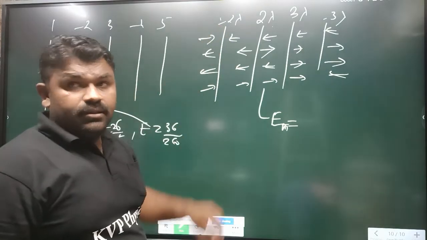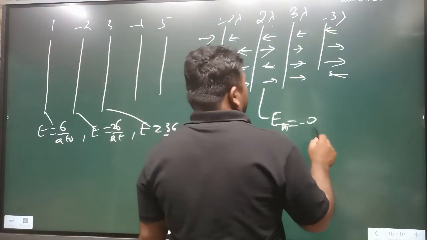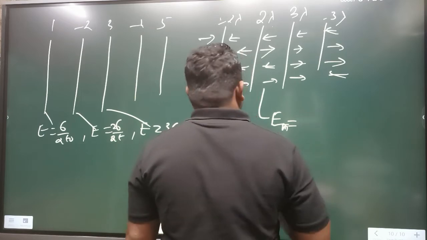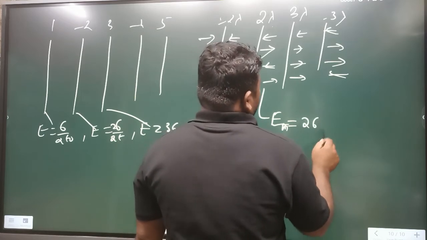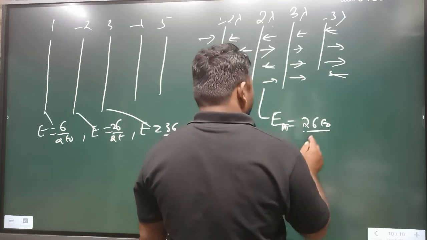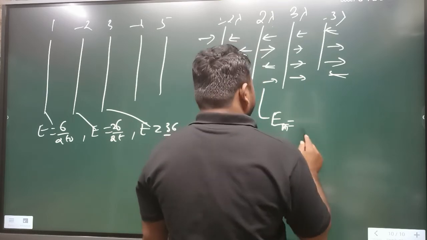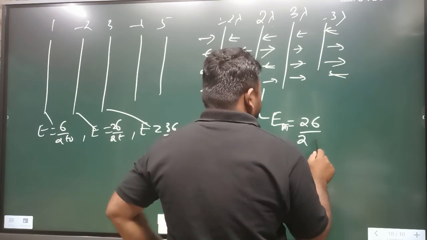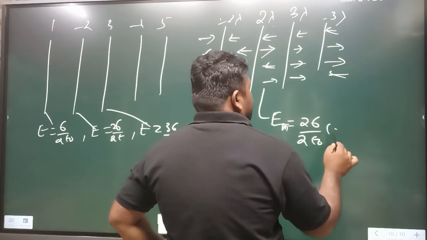What is the density? Minus 2 lambda. Means minus 2 sigma upon 2 epsilon naught. Yes or no? Direction is minus x cap.